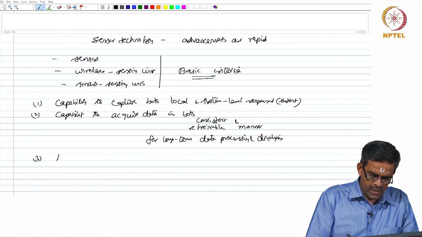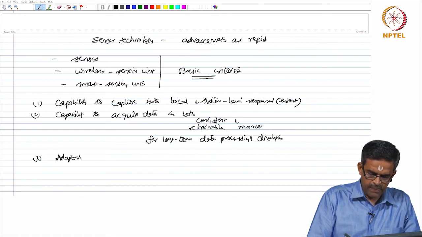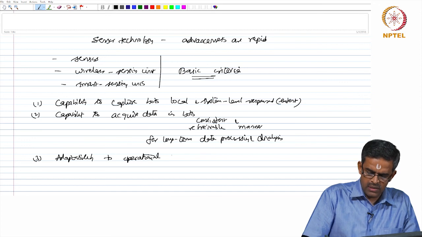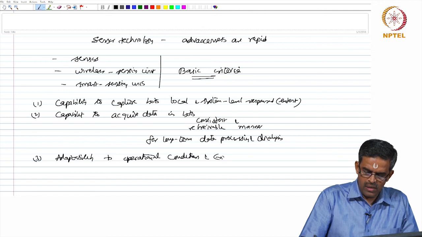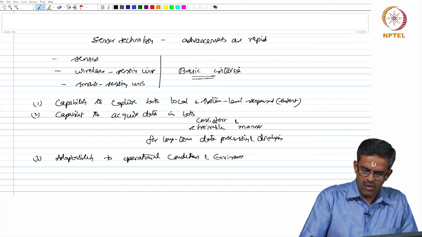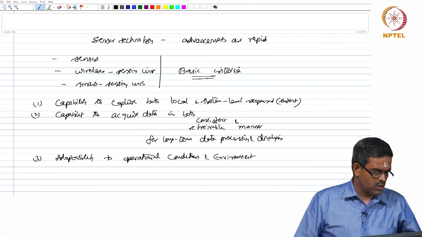Thirdly, we have to check the adaptability to operational conditions and the hostile environment posed by the offshore site.